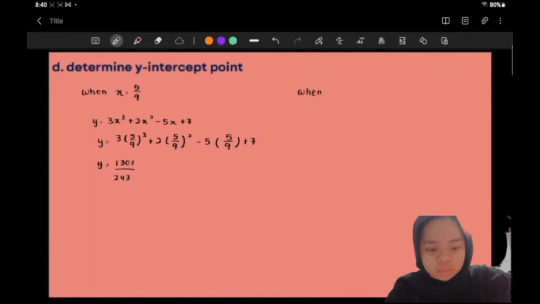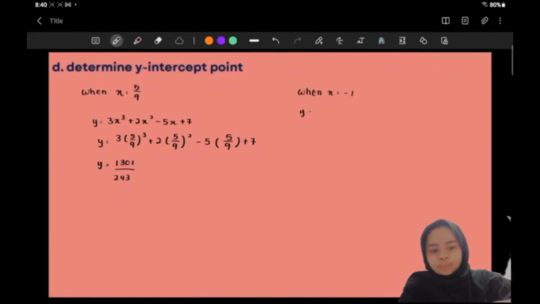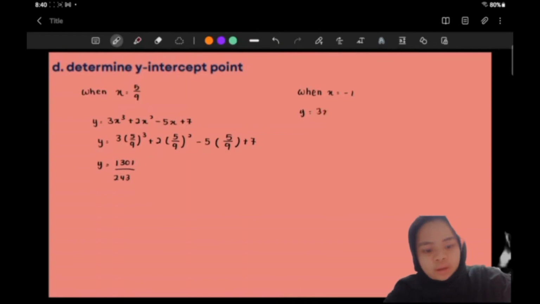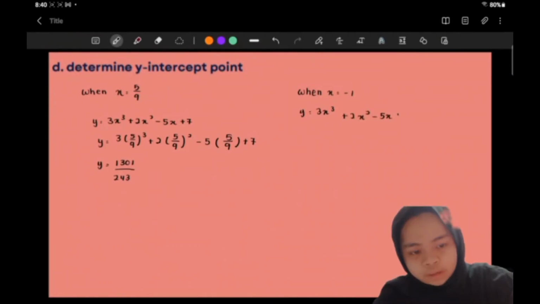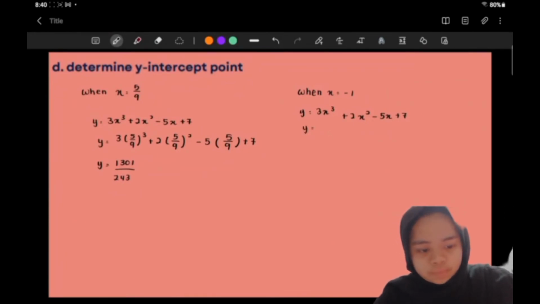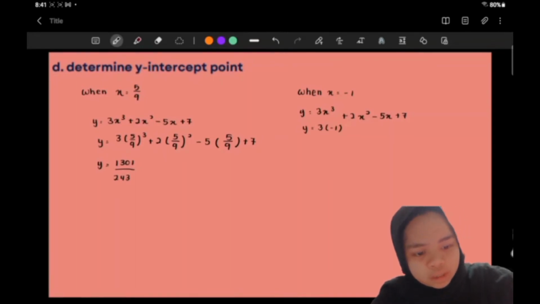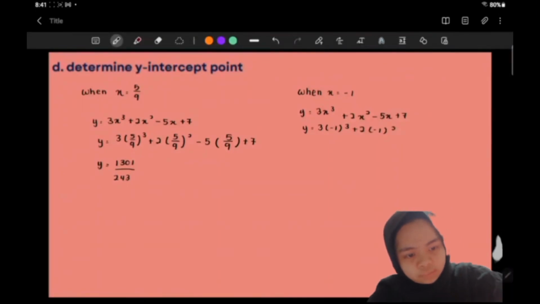Next, when x equals negative 1, y equals 3x squared plus 2x cubed minus 5x plus 7. We need to change x with negative 1, so 3 negative 1 squared plus 2 negative 1 cubed minus 5 negative 1 plus 7.